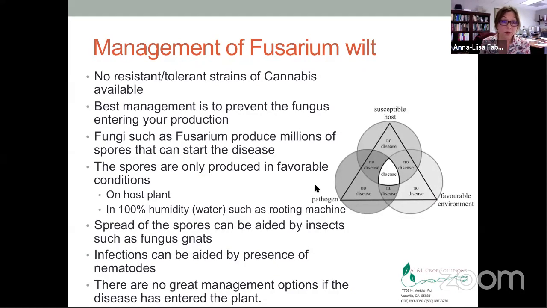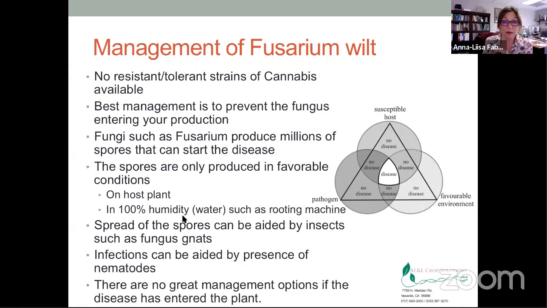This organism produces millions of spores. They can be airborne. But I do think that most of the Fusarium infections, though there are no studies done on this, come from young plants already getting infected in a rooting machine, which provides 100% humidity conditions, which is basically water. It multiplies very quickly.